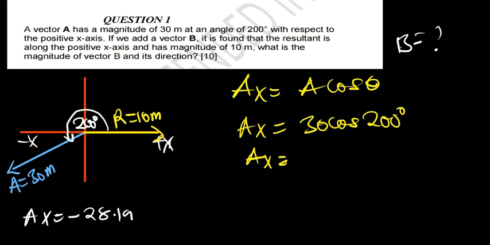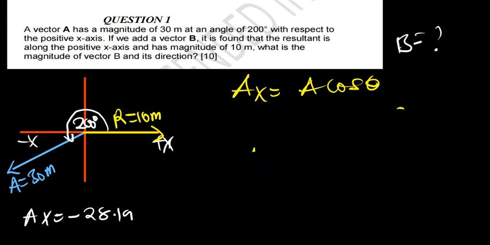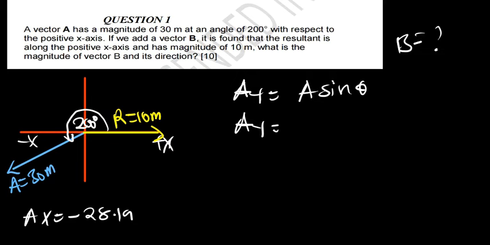For the same vector, we need to find the y component. I'll go ahead and say the y component is supposed to be A, that vector, sine the angle. So Ay will be the vector we're talking about, 30, sine the angle we're talking about, 200.